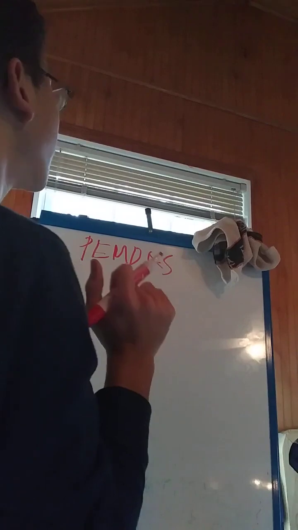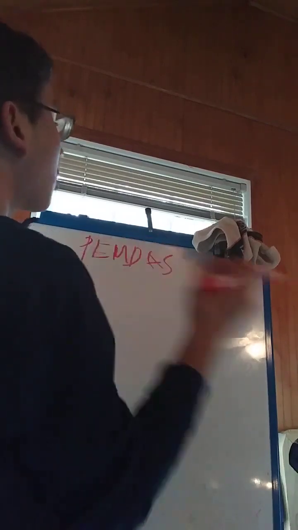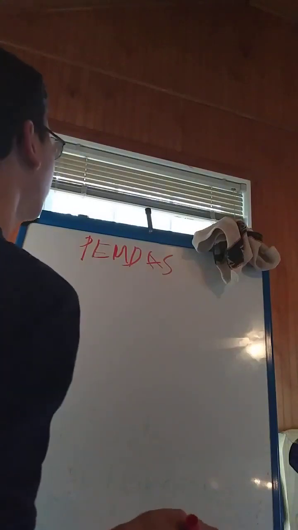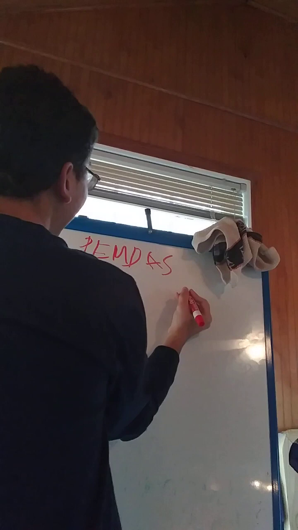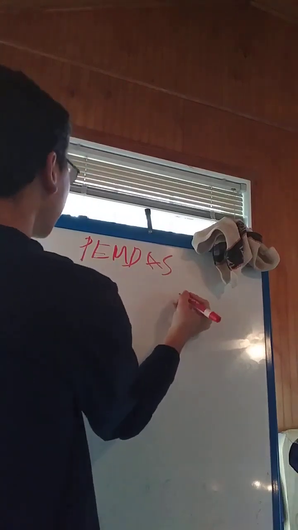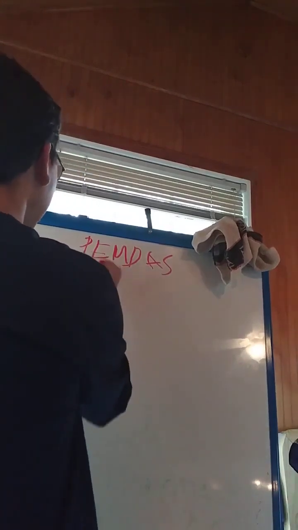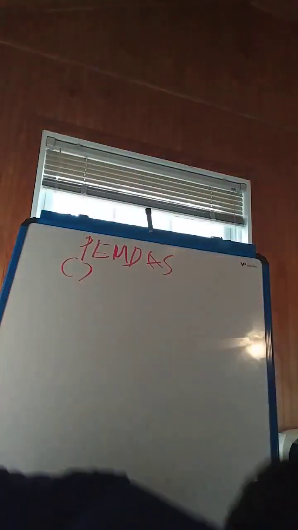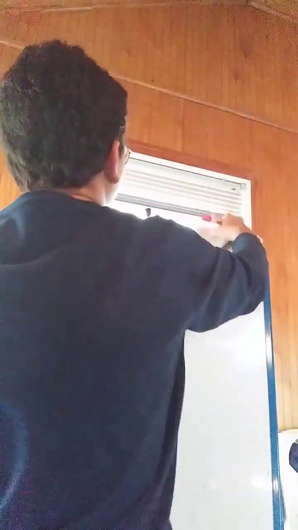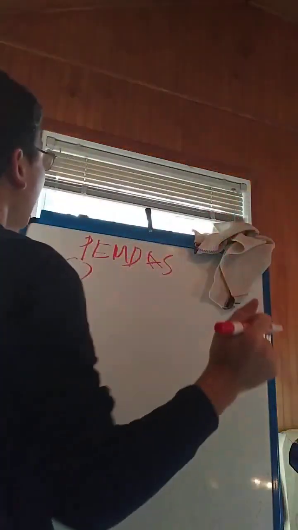So this lays out the steps in order of how to solve order of operation problems. So let's look at what these all mean. P stands for parentheses, and I'm not going to write it out because it's going to take too much ink and a little bit more time.